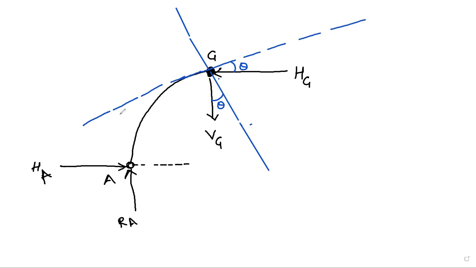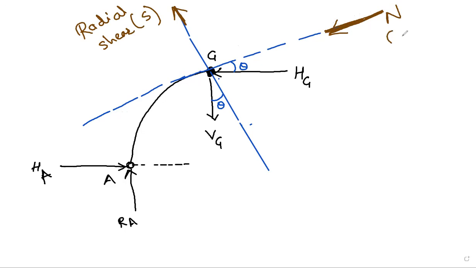So now normal thrust is acting in this direction, that is N, and perpendicular to this is the radial shear S. This is your normal thrust.